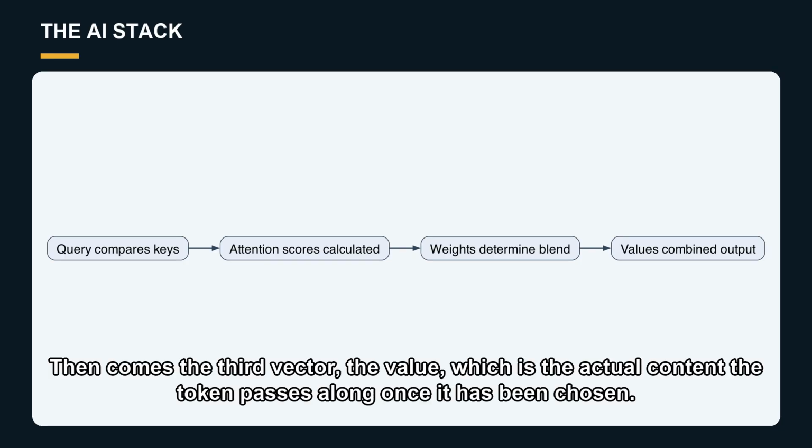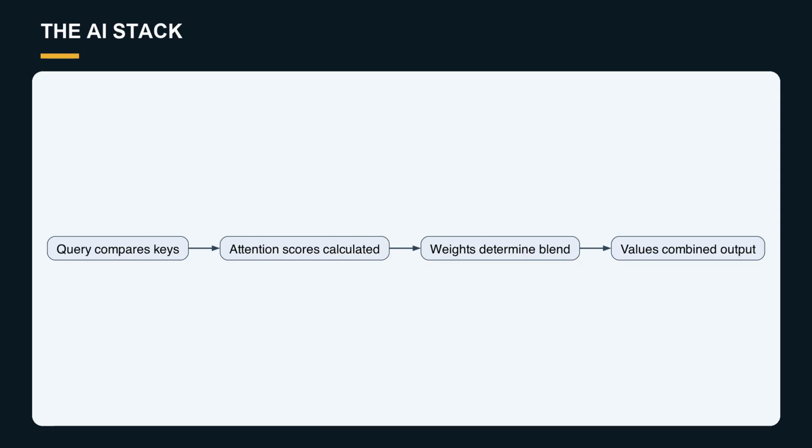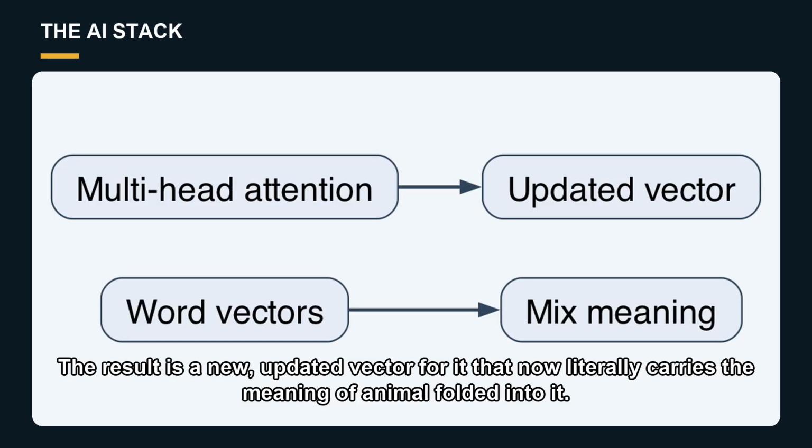Then comes the third vector, the value, which is the actual content the token passes along once it has been chosen. The attention scores become weights, and the token pulls in a blend of everyone's values, mostly the value from animal, a little from the others. The result is a new, updated vector for "it" that now literally carries the meaning of animal folded into it.